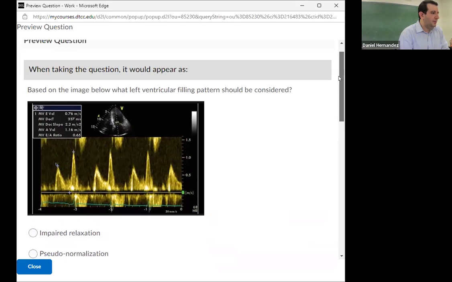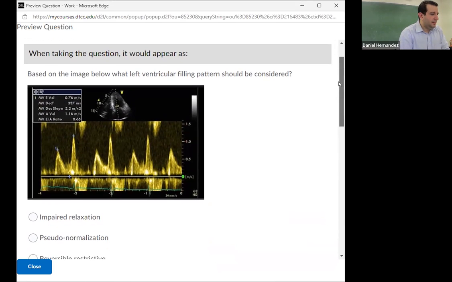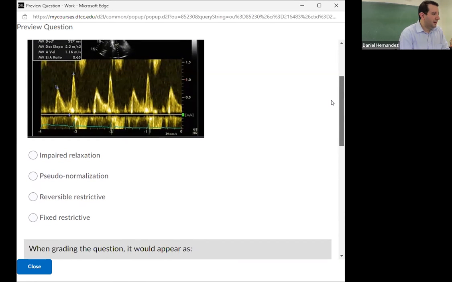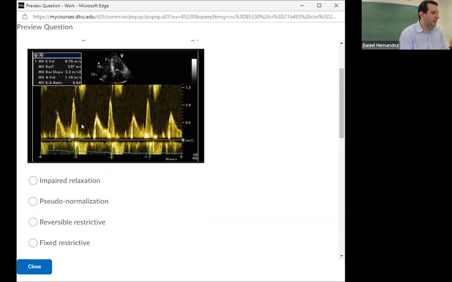Based on the image below, what left ventricular filling pattern should be considered? So we look at this mitral inflow. We have a lower E wave and a higher A wave. So it's giving us a very long deceleration time, greater than 240.